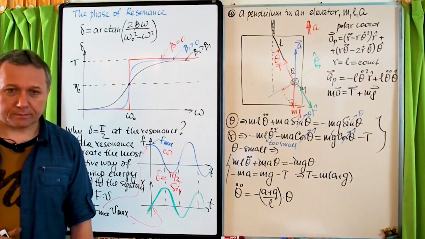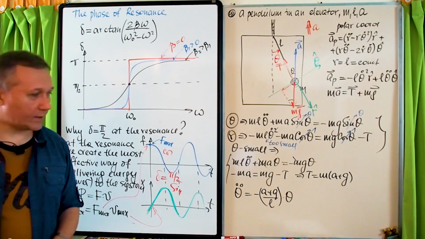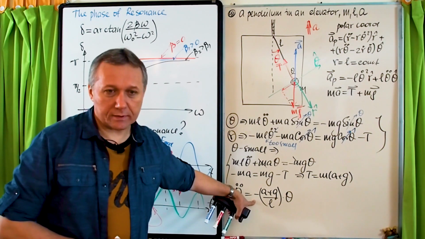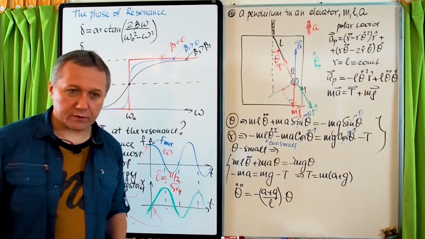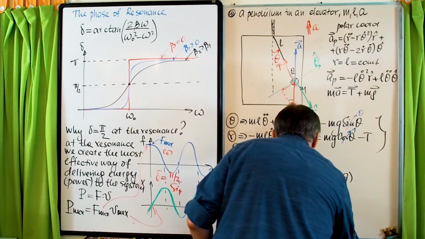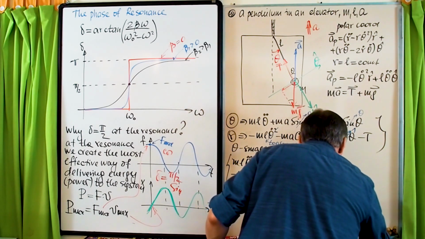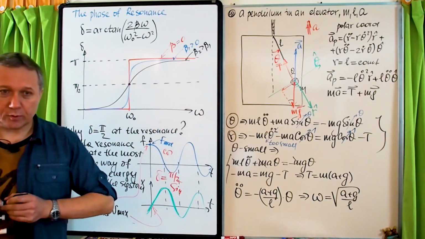Simple harmonic motion. So the frequency, naturally, is a plus g over L, and of course we're going to get oscillations because of that minus. If we had a plus here, we would get hyperbolic sine and cosine functions if you solve this equation. But in this case, cosine and sine. So omega equals the square root of a plus g over L. Right. So that's how this problem should be addressed.